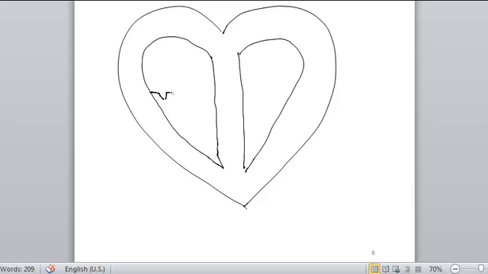Those are the valves, and then we have the vessels that come out top.